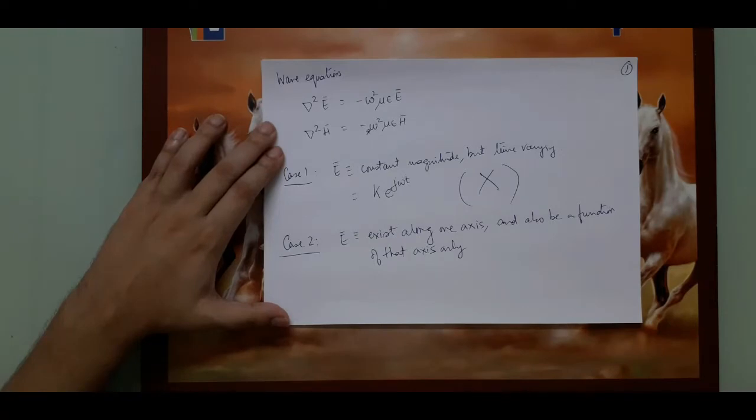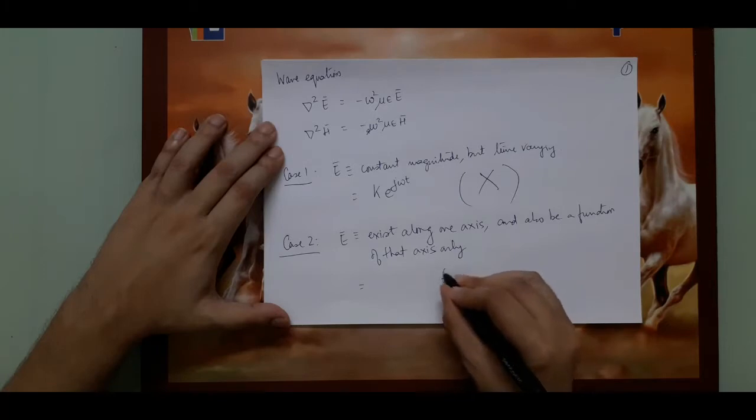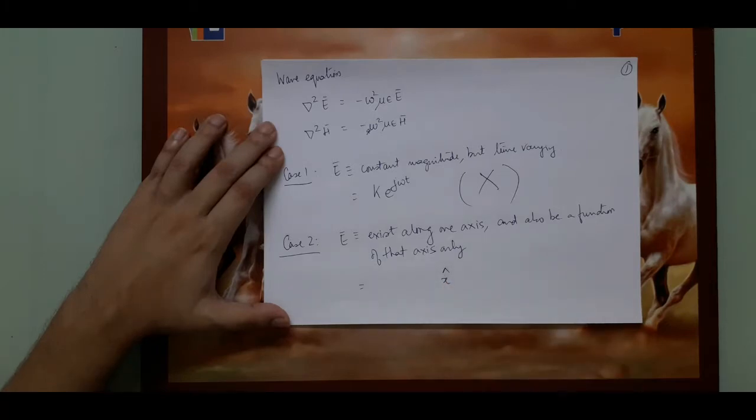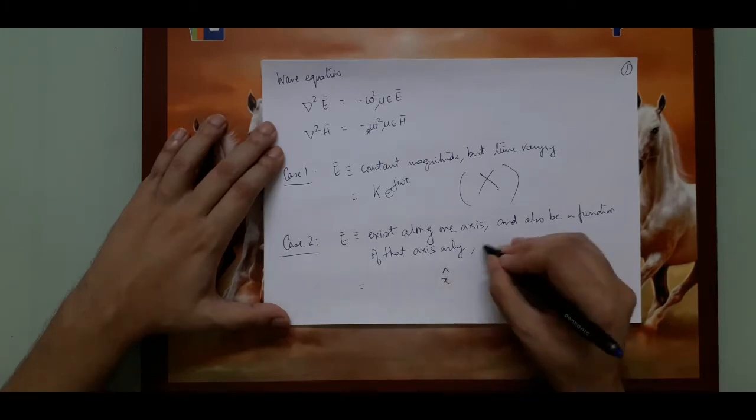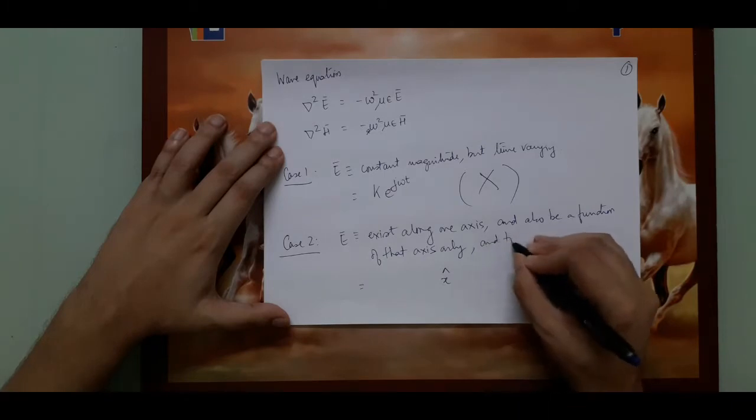For example, let us say the electric field vector exists along the x-axis. So therefore the x unit vector will come. It has to be time varying. Of course, that is there.